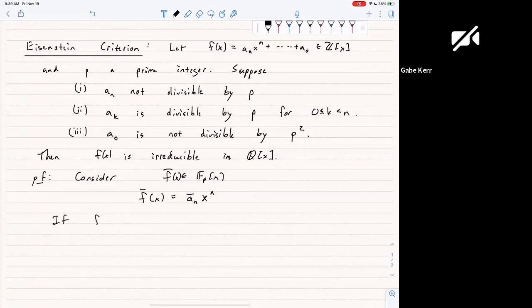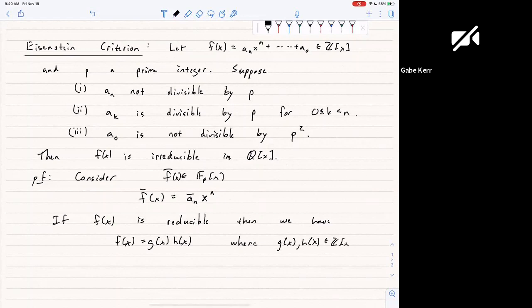So if f(x) is reducible, then we have f equals g times h, where these are both integer polynomials and have positive degree.